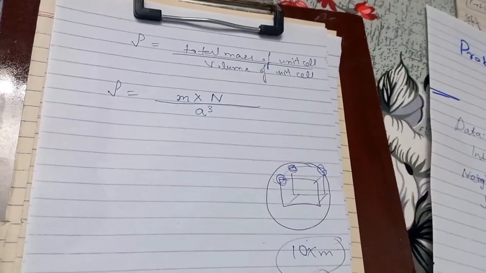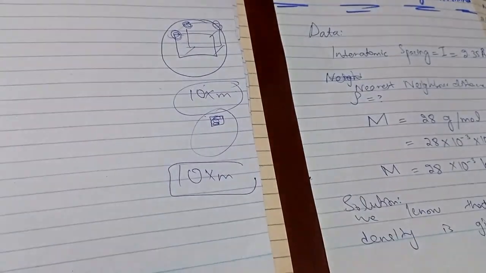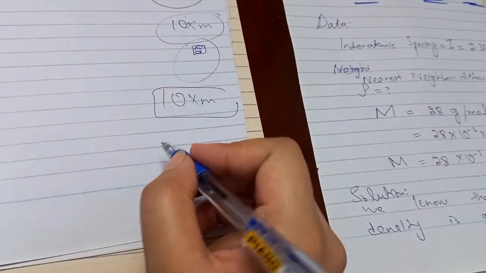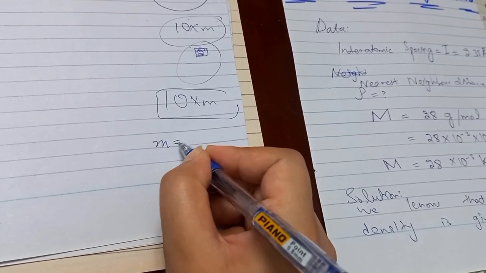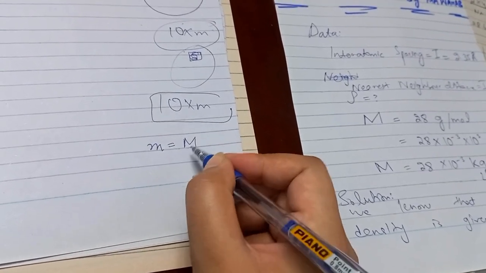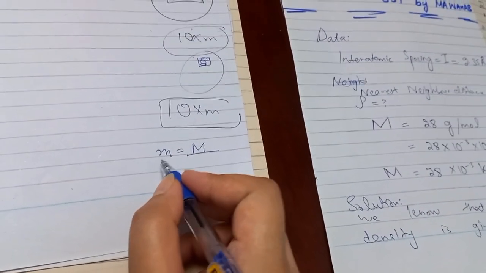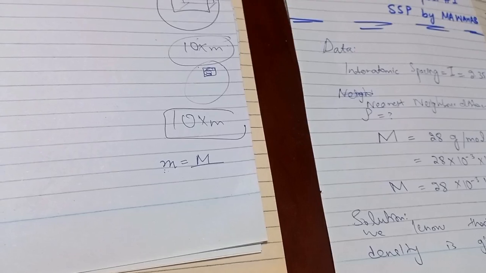Before doing that, we should know the mass of a silicon atom. We know the molar mass, but we don't know the mass. So this is a simple formula to find out the mass of a single atom if we know the molar mass. This is the mass of a single atom, not anything else.